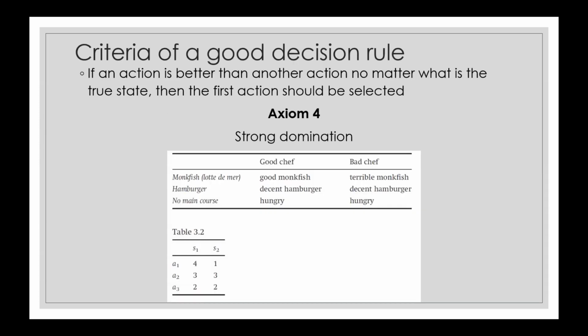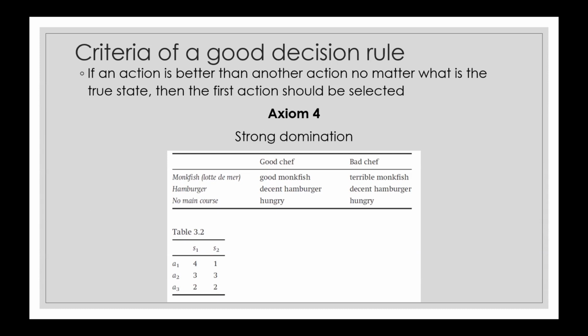Then, of course, action four is strong domination. If there is an action that dominates another action across the state of nature, then that action should be selected.